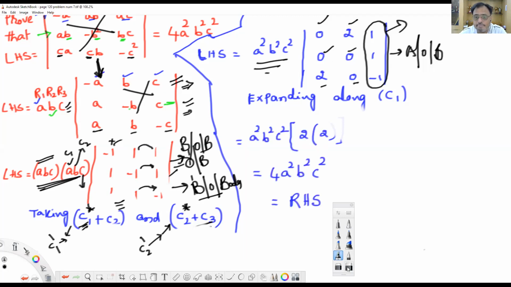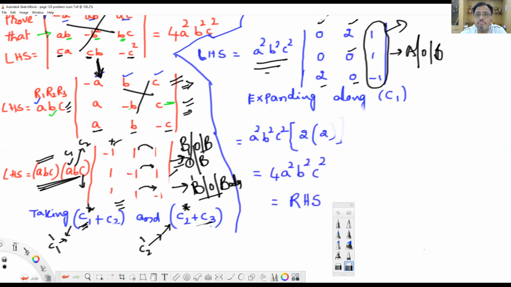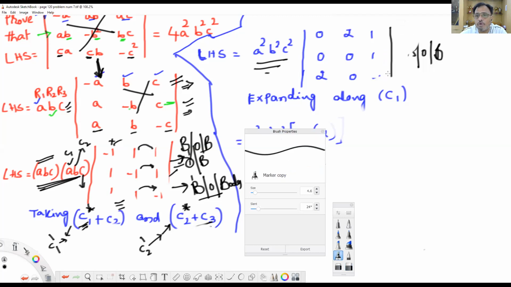Now what has happened here? This is the body formed after the operation, after surgery. This one is minus 1 only. So after surgery, this is the body.